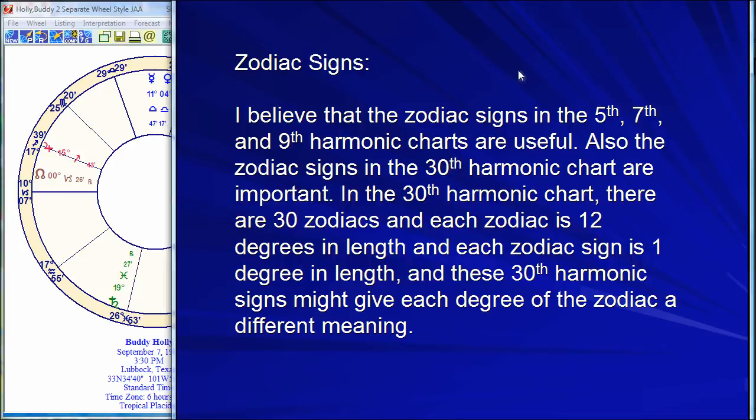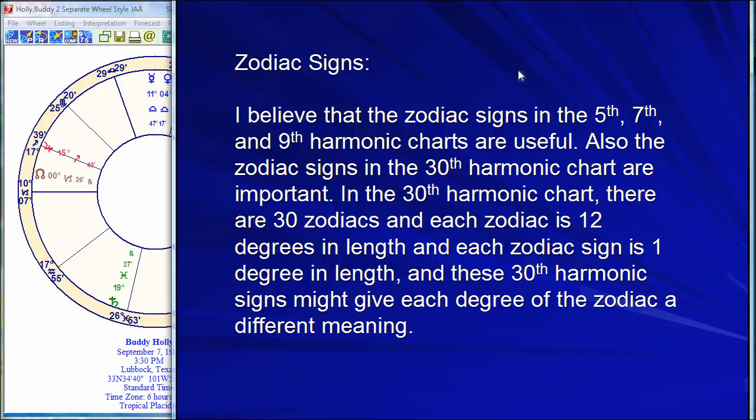Okay, my friends, to summarize, I've tried to explain how the harmonic chart is calculated, so you know where this thing comes from, and I've given you a different visualization of what the harmonic chart is. You can think about it in two different ways. You get the same exact result. You can think of the ninth harmonic chart as multiplying by 9, or you can think of it as making 9 little zodiacs around the outside. And we talked a little bit about how the harmonic signs make interesting patterns with the natal chart, at least in some harmonics, like 9 and 7.